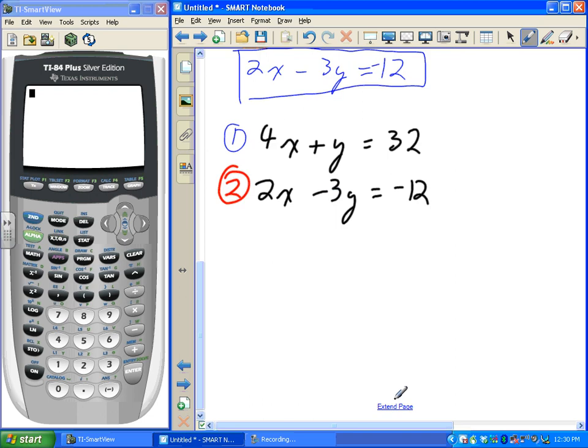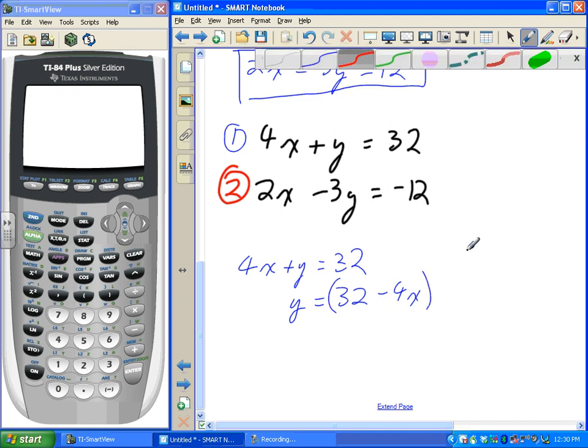So by substitution, I'm going to take my first equation, 4x plus y equals 32, and set it equal to y. Bring the 4x over, done. Y is equal to 32 minus 4x.